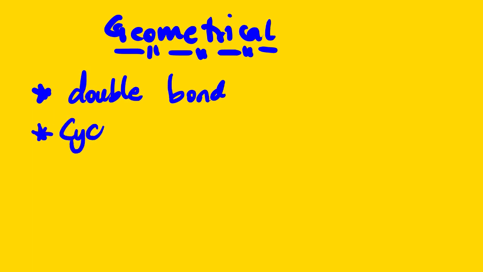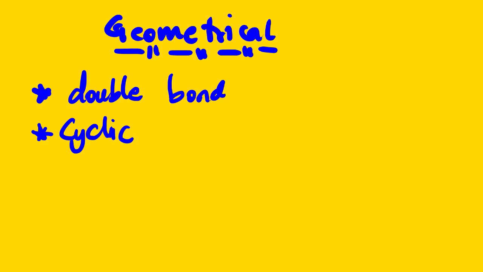To explain geometrical isomers in simple terms and in detail, you should know that geometrical isomers are isomers that have the same molecular formula, the same bond connectivity, but the atoms are in different non-equivalent positions relative to one another. And geometrical isomers only exist when we have a double bond and in cyclic compounds.